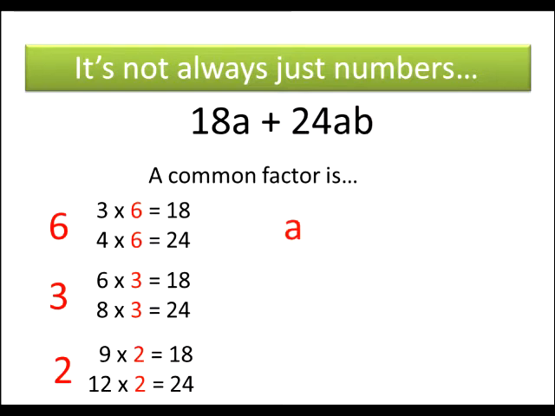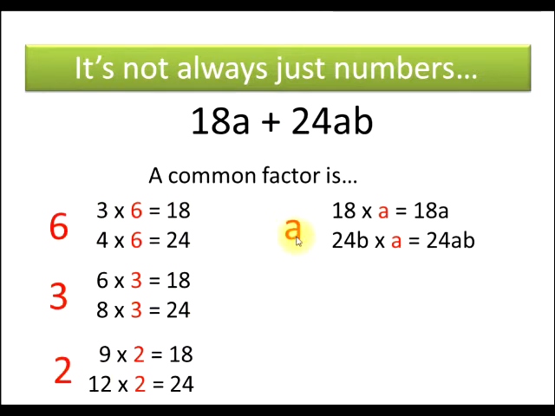If we think about multiplication, think about what we know about multiplying terms together, we can times A by 18 to make 18A, and we can times this A by 24B to make 24AB. There we have it. Now, because we can take an A outside, we can also start to combine these together.